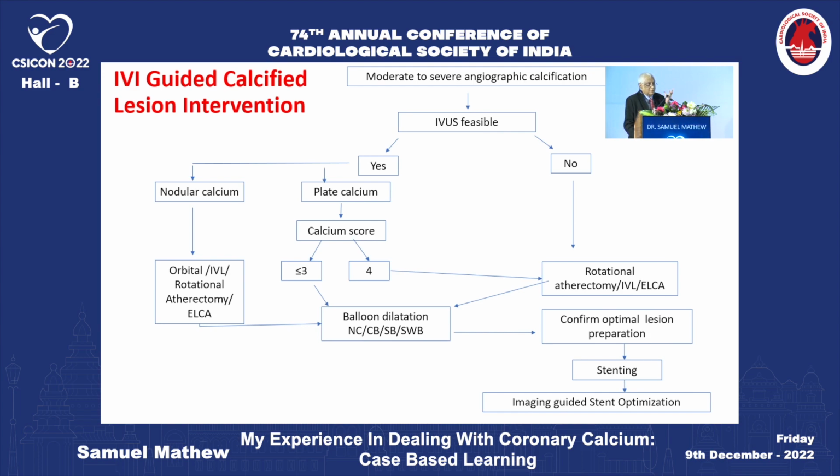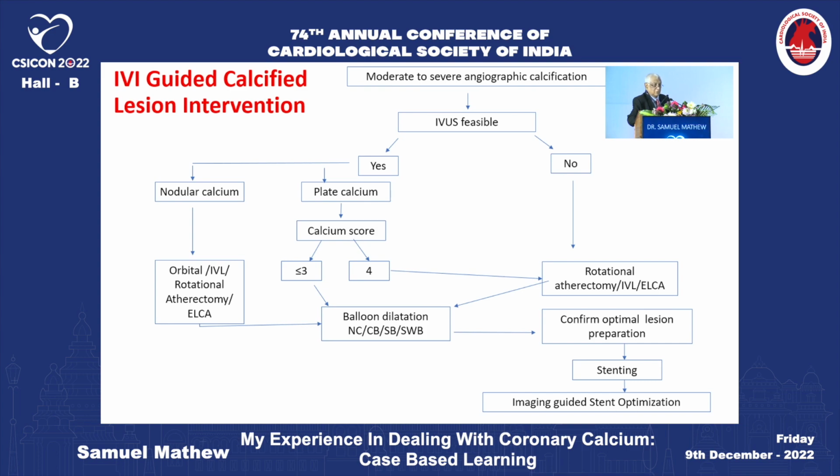So how do we decide? Moderate to severe calcification, you have two options. Whether IVUS or an OCT is possible. If it is not, then we have to go on to wiring it. You can use a rotablator if you can get a rotawire in.